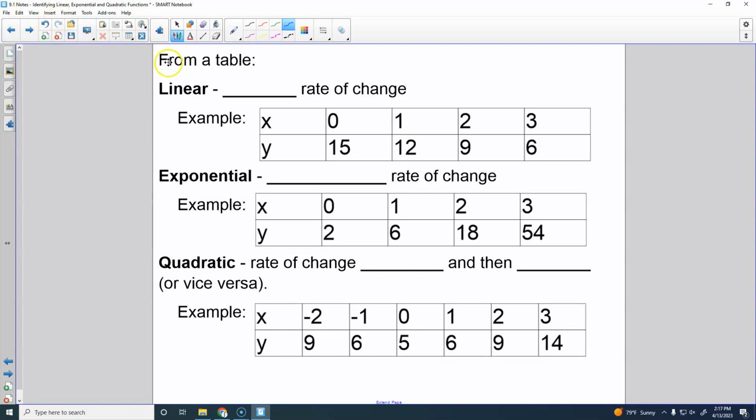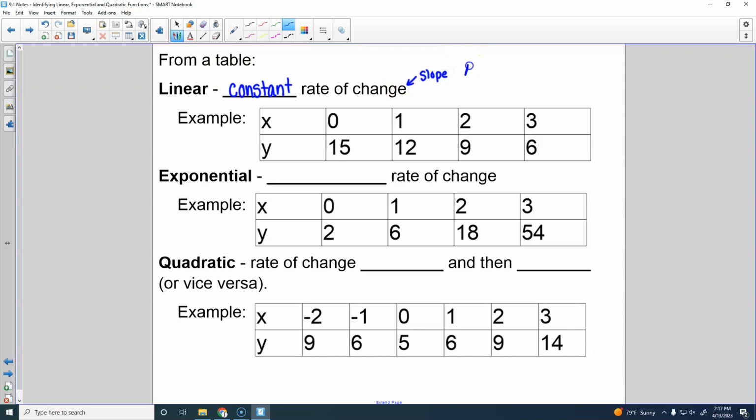All right, so if we're looking at a table, our linear equations are going to have a constant rate of change. Your rate of change is also known as your slope.